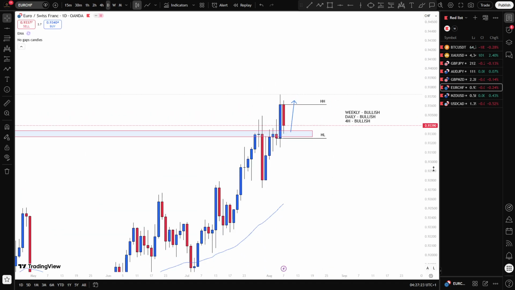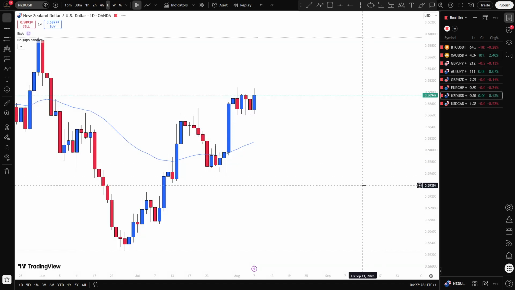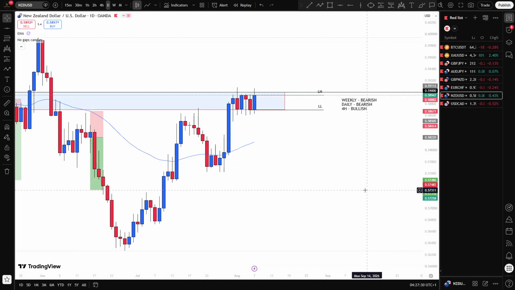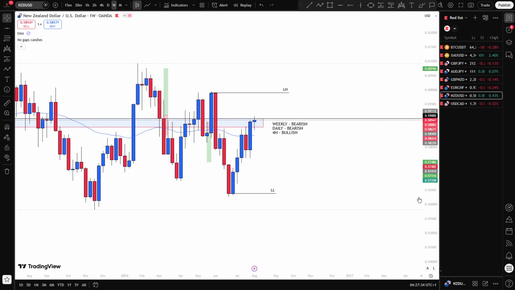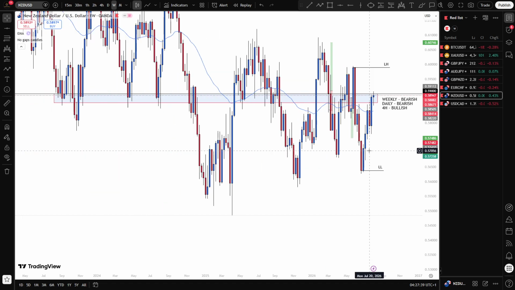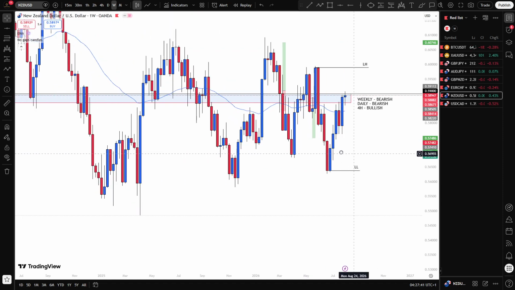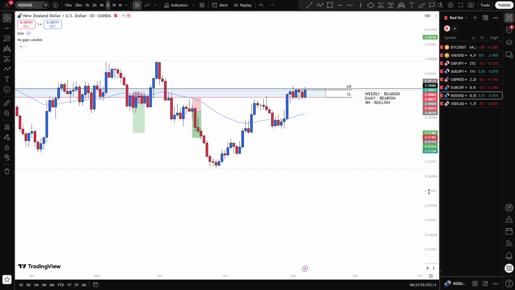Okay, so moving on to the next pair, we have NZD-USD. NZD-USD is an interesting trade in the sense that we are bearish on the weekly time frame, and last week created a doji candle, meaning price stopped here.